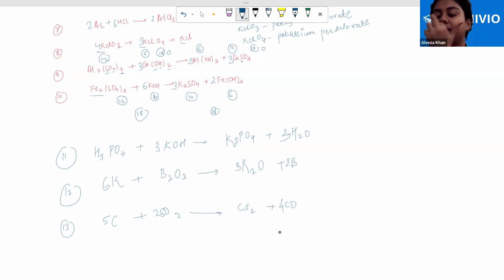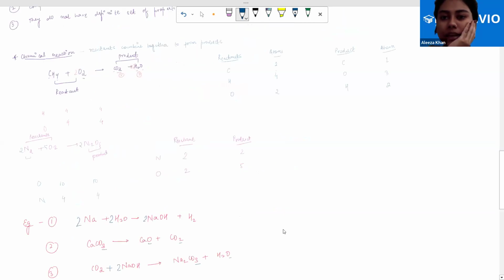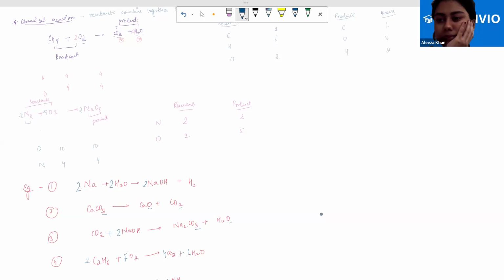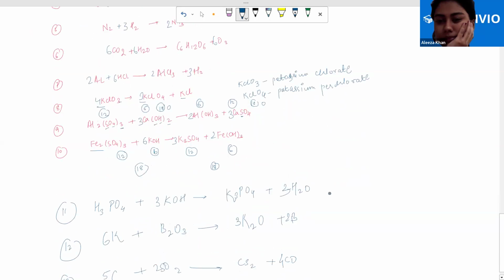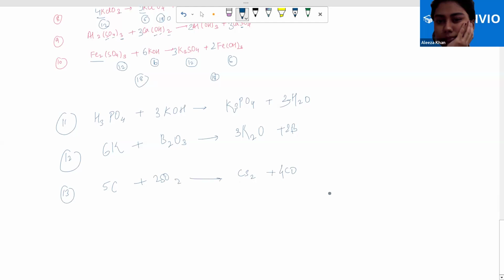Okay, so Saad, any doubt in any of the examples? Anything you have not understood? When I balance the first one, I also have to balance the second one.